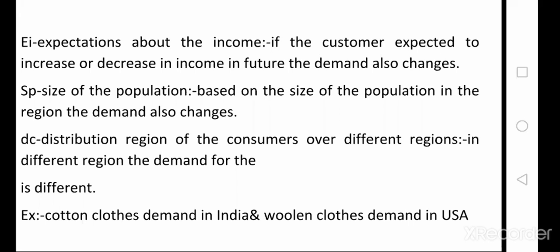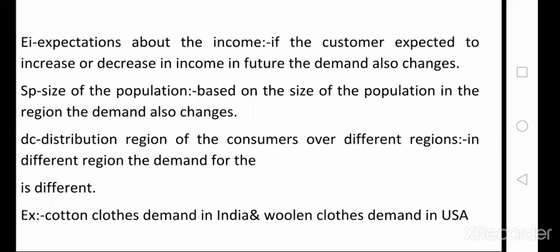The next determinant factor is the distribution region of the consumer over different regions. In different regions, the demand for the product is different.